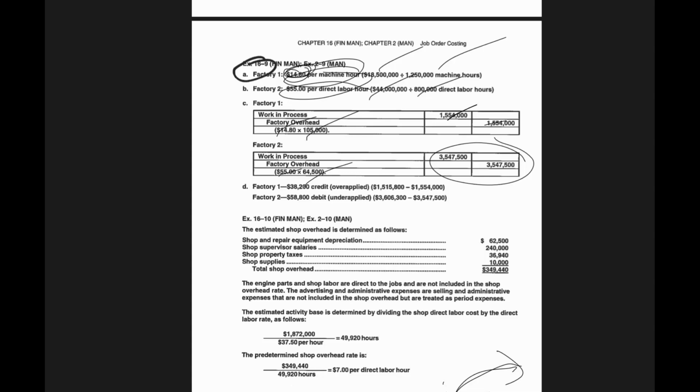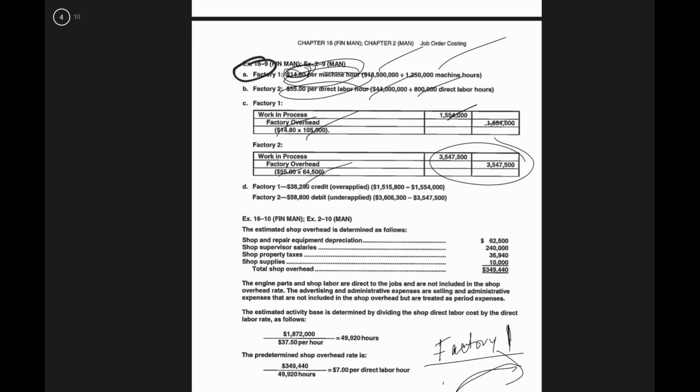Okay, in letter D, here we go. Determine the balances in our factory overhead account. If this is factory number 1, they both basically run the same way. So in factory 1, we applied 1,554,000.